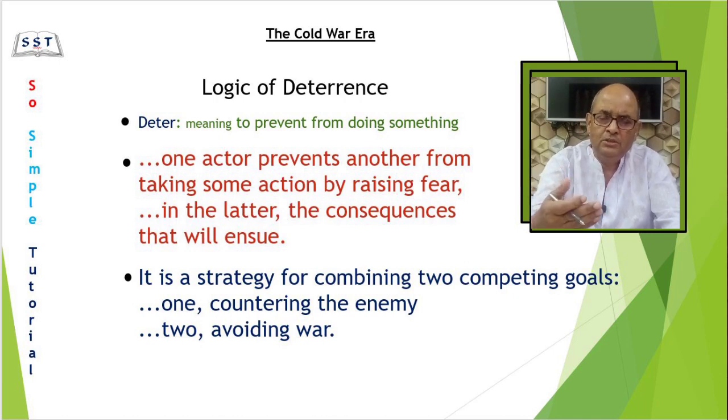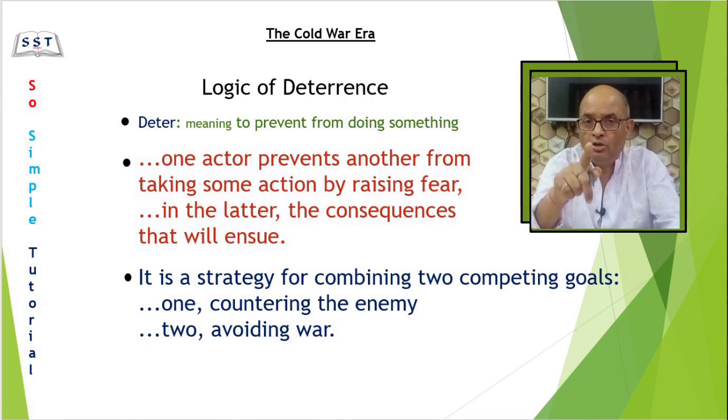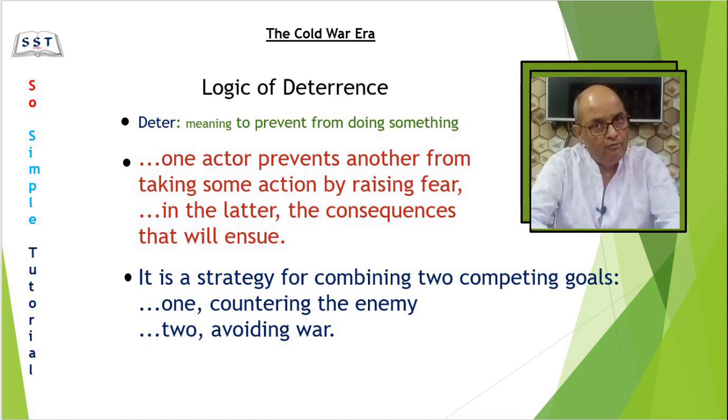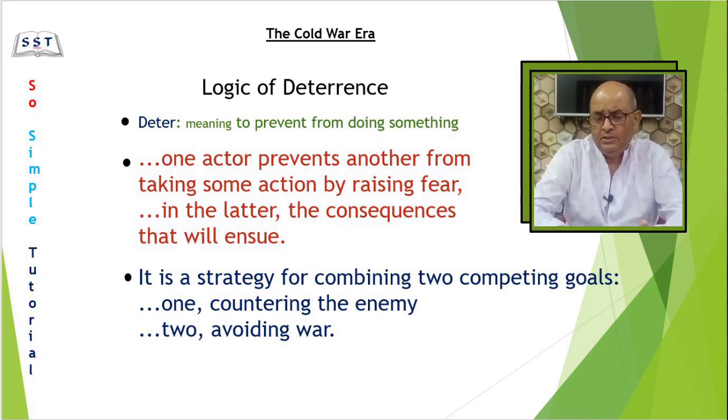In simple words, if you want to hit someone, you know that he will hit you back with the same force and then cause damage of the same magnitude. So, deterrence is basically a strategy for combining two competing goals. One, countering the enemy, and second, avoiding war. This concept is very simple.